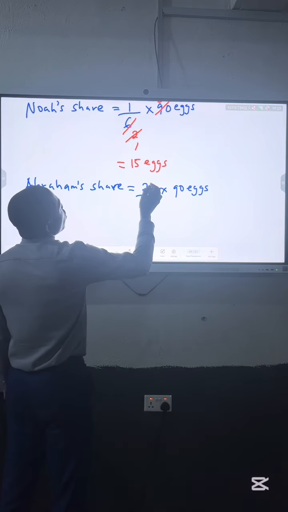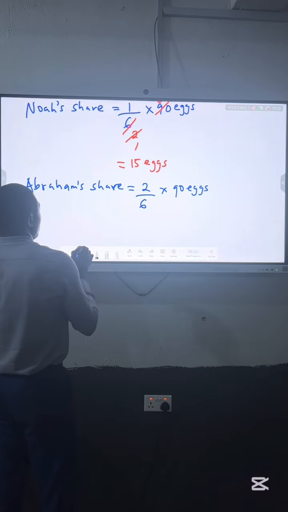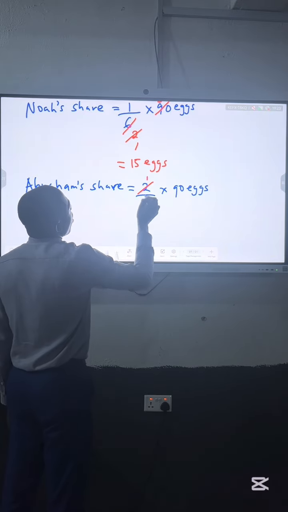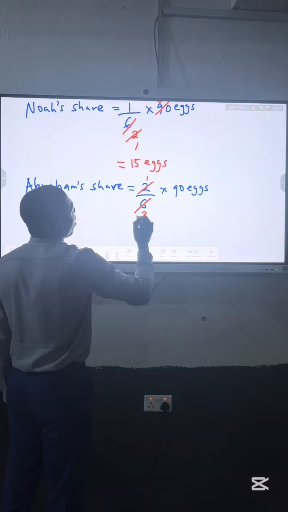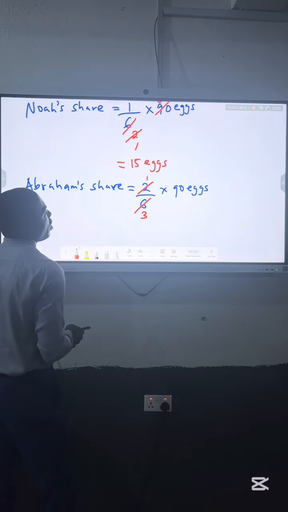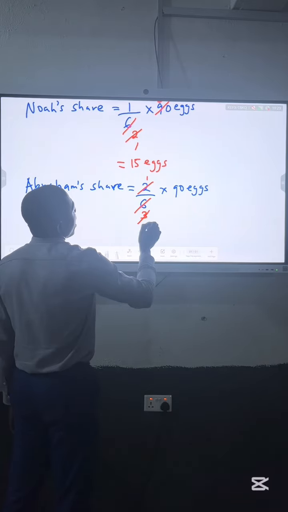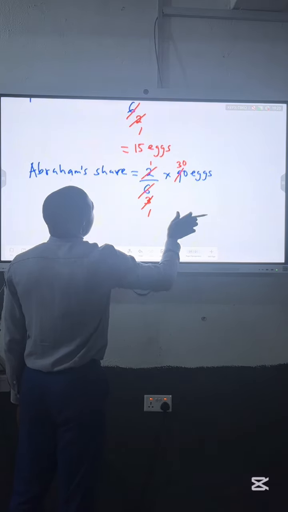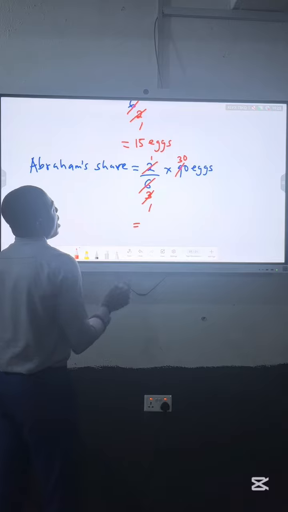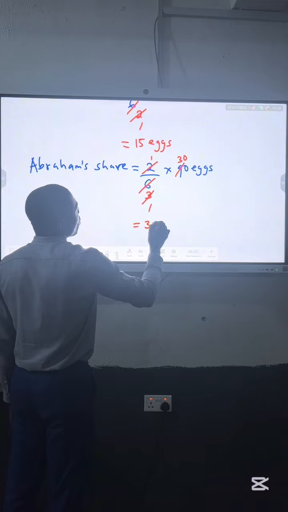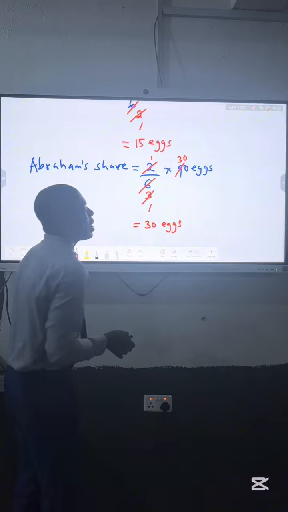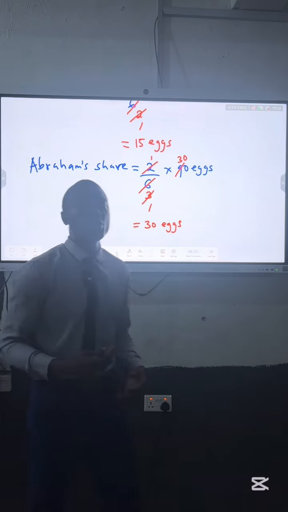Now let's go. 2 in 2 is 1. 2 in 6 is 3. 3 in 9 is 3. You bring the 0 up. That's 30. Meaning that Abraham is going to get 30 eggs out of the 90 eggs they were told to share.